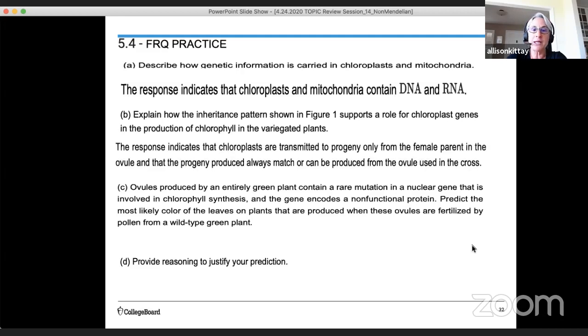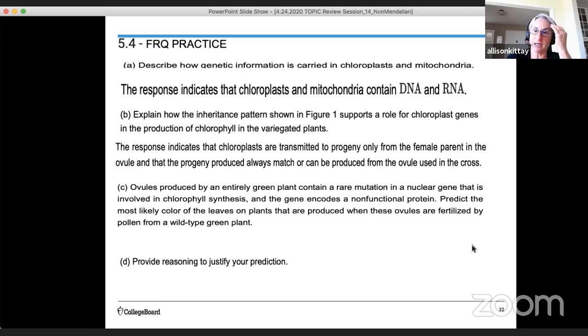We know that chloroplasts are only transmitted to the progeny from the female parent, which is the ovule, and that the progeny produced always match the ovule used in the cross.